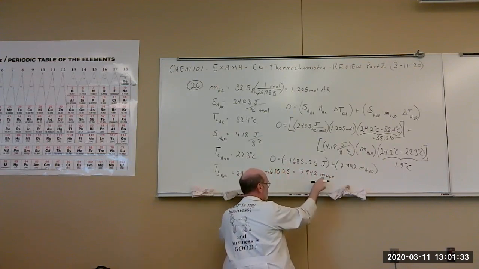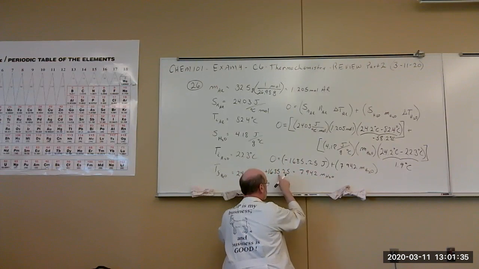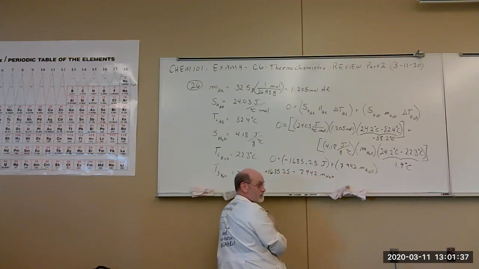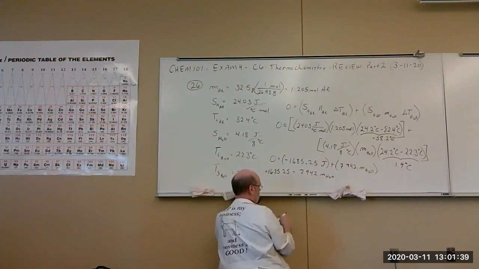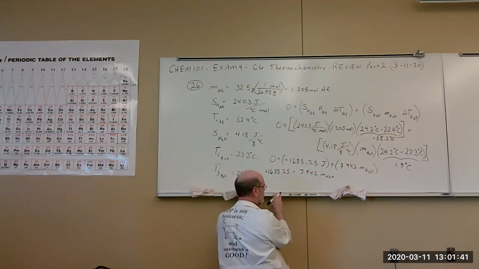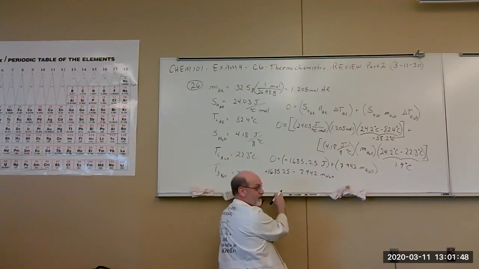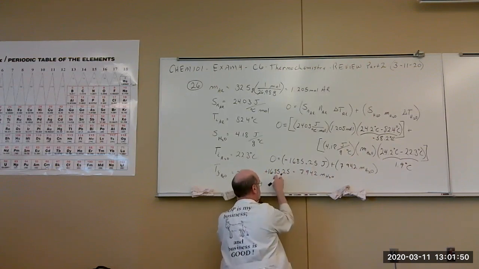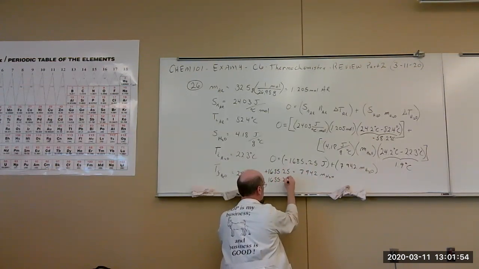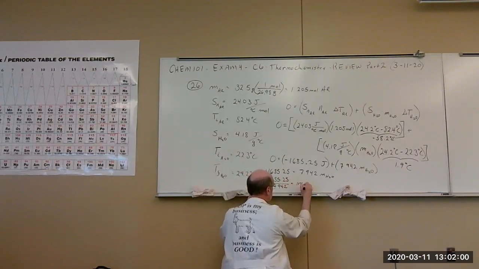Now we can say this one is equal to that one divided by this one. Or the proper way to say it is divide the whole equation through by 7.1942. That makes this side 1, and it puts it over here, divided by 7.2, equals the mass of water.